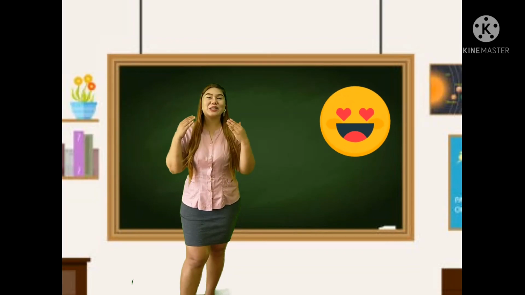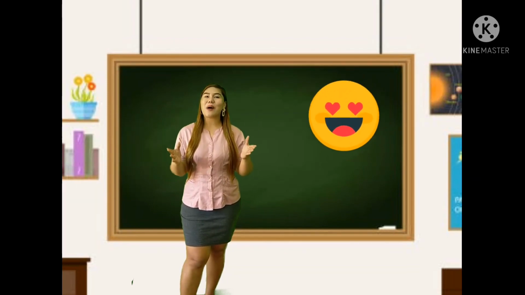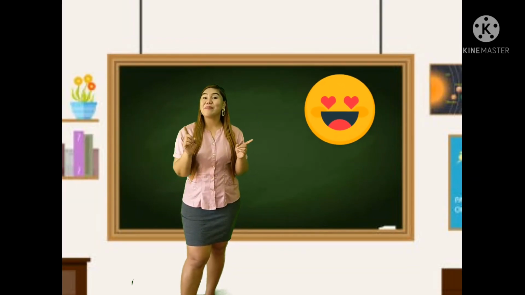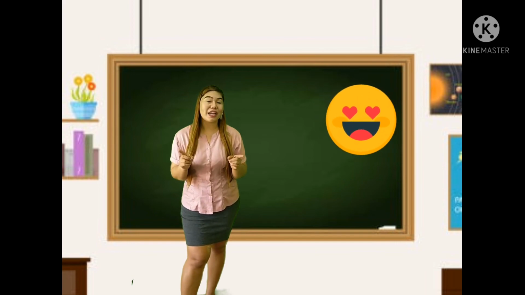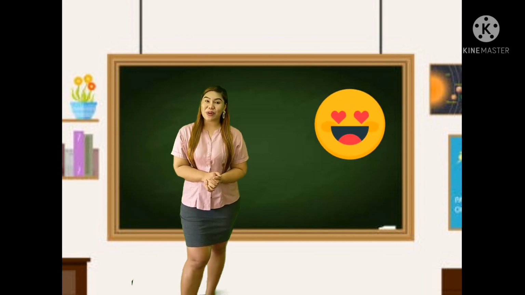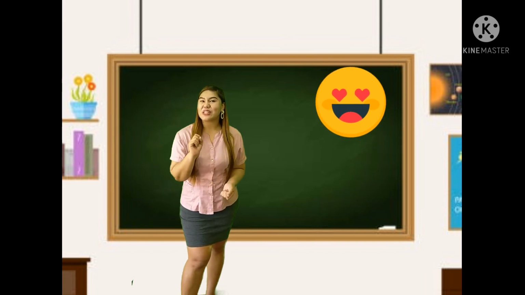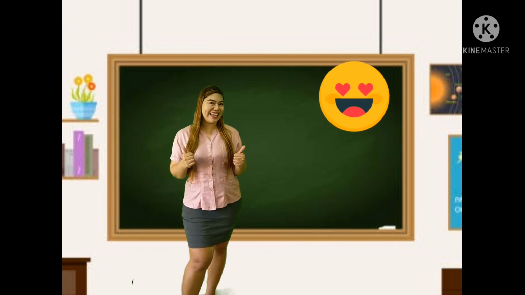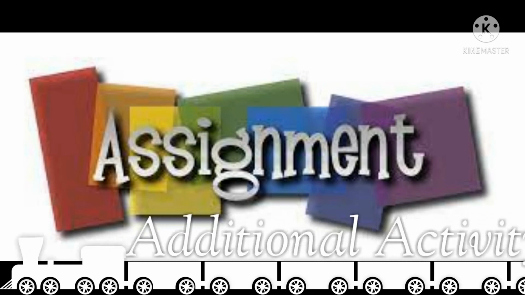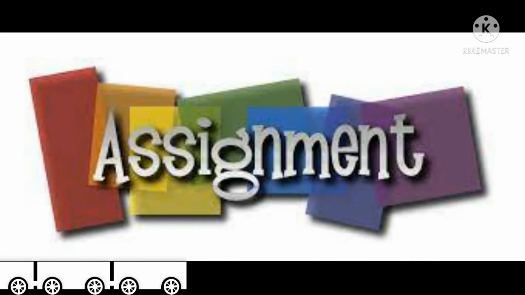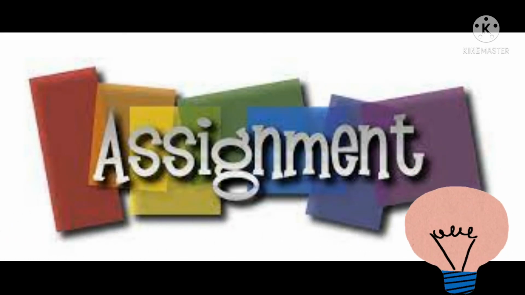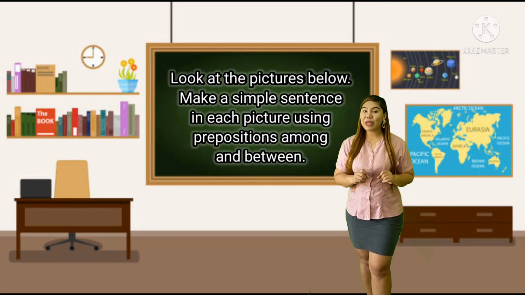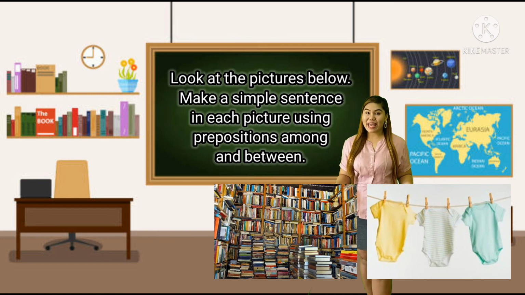I am glad that you are with me and you got all the correct answers. And because of that, I have prepared additional activities for you. I believe that you can do all of this correctly. Look at the pictures below. Make a simple sentence in each picture using preposition among and between.